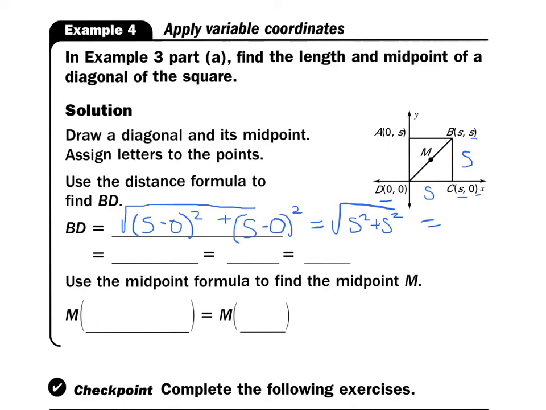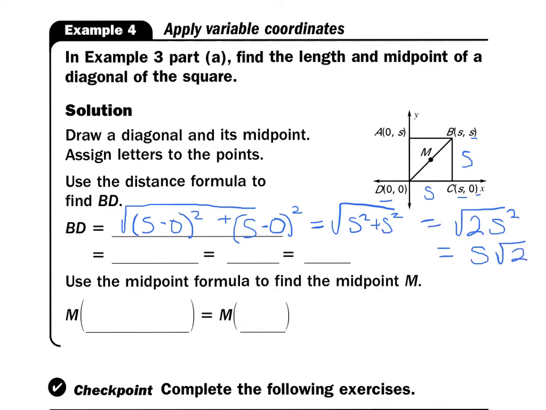But we don't have a multiplication sign in there. We have an addition sign. So what we have is 2S squared. And we can go ahead and pull that S squared out, because what's the square root of S squared? That would just be an S. So that whole thing equals S times the square root of 2.